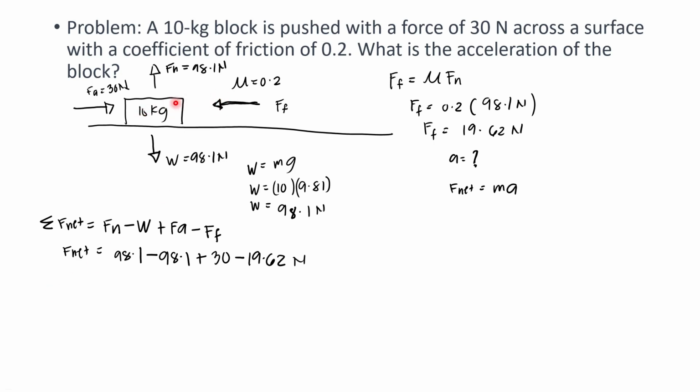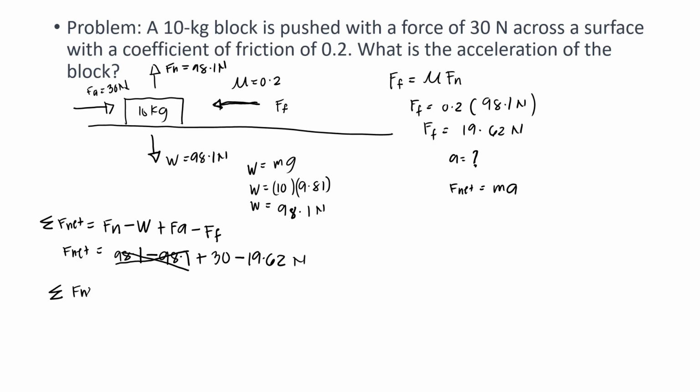Now guys, if our object is only moving in a horizontal motion, in solving the F net we can simply cancel these two, as the weight and the normal force have the same value, and the weight is negative while the normal force is positive. When added, it is zero anyway. So when an object is only moving in horizontal motion, the weight and normal force cancel out.